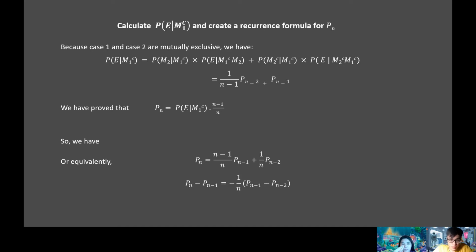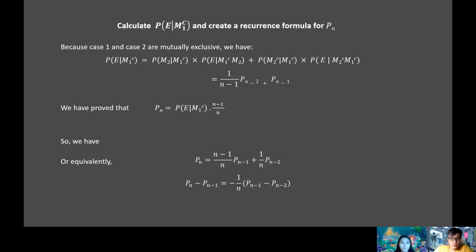The probability of case 1 we have calculated is equal to 1 divided by n minus 1 times Pn minus 2. And the probability of case 2 we have calculated is Pn minus 1. And we have also proved in the very beginning of the problem that Pn is equal to PE given M1C times n minus 1 divided by n.